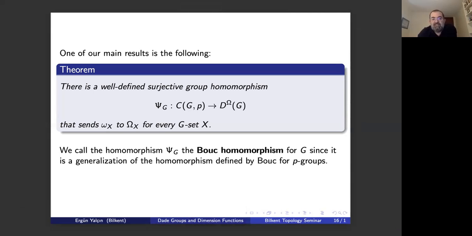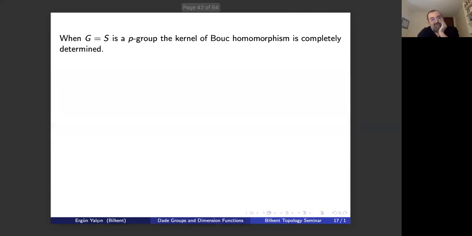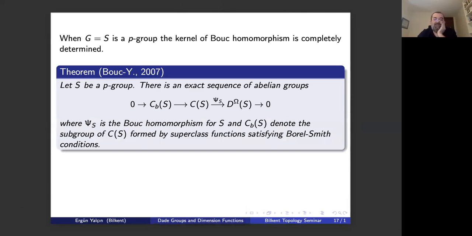Okay, so this is what we did. This is the strategy: to study this group homomorphism and study its kernel, to find what the kernel could be. So in the p-group case, again, the kernel was a very beautiful thing. The kernel was the group of superclass functions which come from group actions on mod P homology spheres.